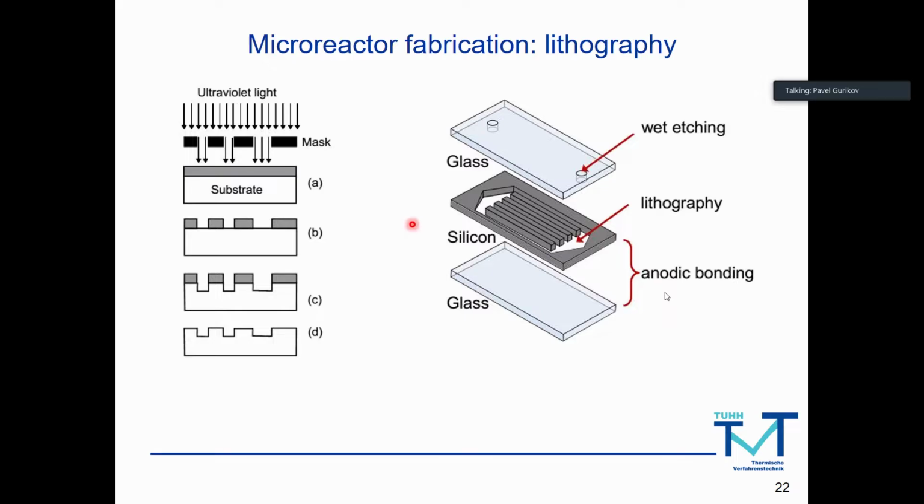Then you basically have two more covers to be glued to the silicon substrate, and then you're done. You have a very simple microreactor fabricated.